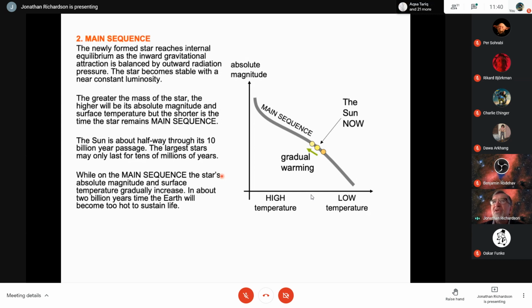But in about 2 billion years, the Earth will become too hot to sustain life. So there will be a point that's arrived at where the Earth's temperature is going to significantly increase and life will no longer be able to live. But I think it's safe to say it's a little beyond our lifetime.